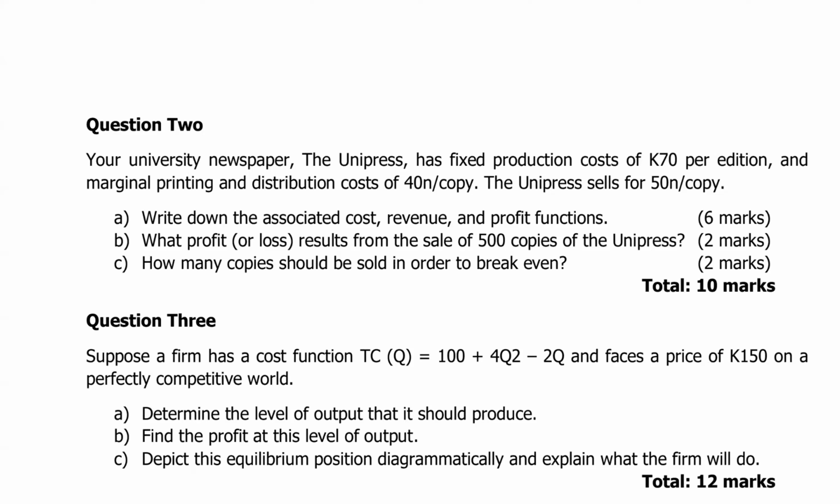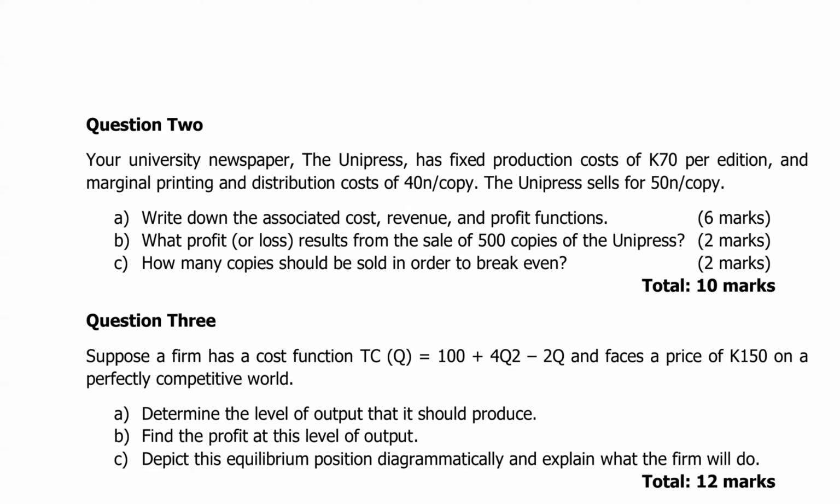The Unipress sells for 15 ngwe per copy. That's the selling price. You are to write down the associated cost function, the revenue, and the marginal cost.